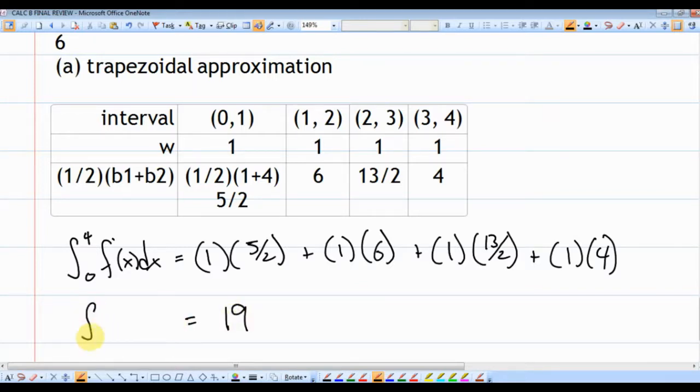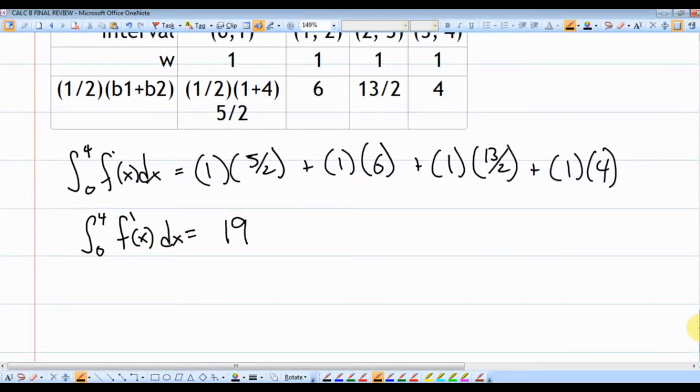This is really an interesting problem because notice it's not the integral of f, it's the integral of f prime of x, right? So we can do this using the fundamental theorem of calculus.